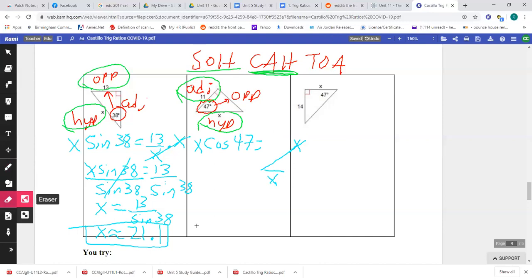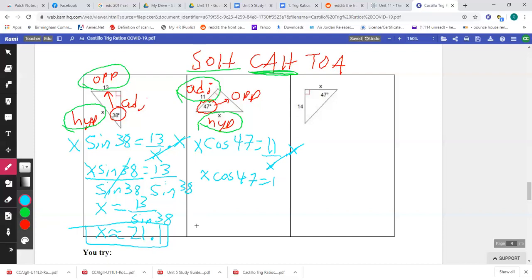So it was 11 over x, and I multiplied both sides by x, so these x's cancel. Then x cosine 47 is equal to 11.